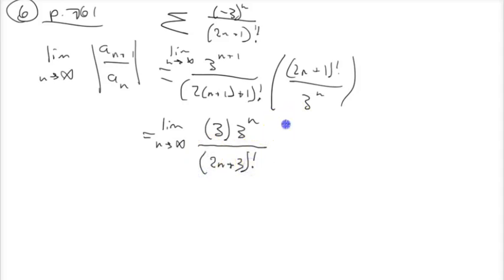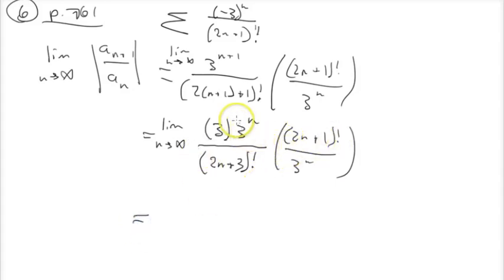And over on this side, we're still going to get 2n plus 1 factorial, and 3 to the n. The little algebra trick that makes the ratio test so great for canceling out factorials is that 2n plus 3 factorial is really 2n plus 1 factorial times the next term, which is 2n plus 2, times the next term, which is 2n plus 3. And so we'll be able to cancel out that expression.